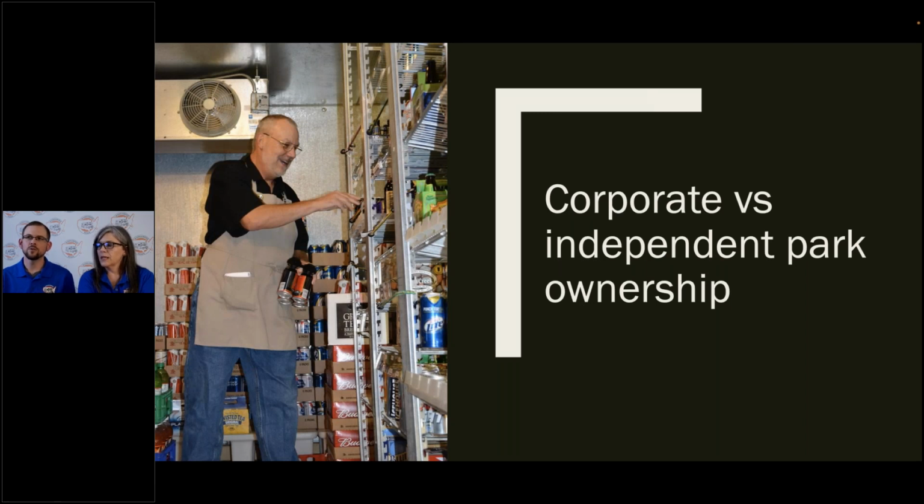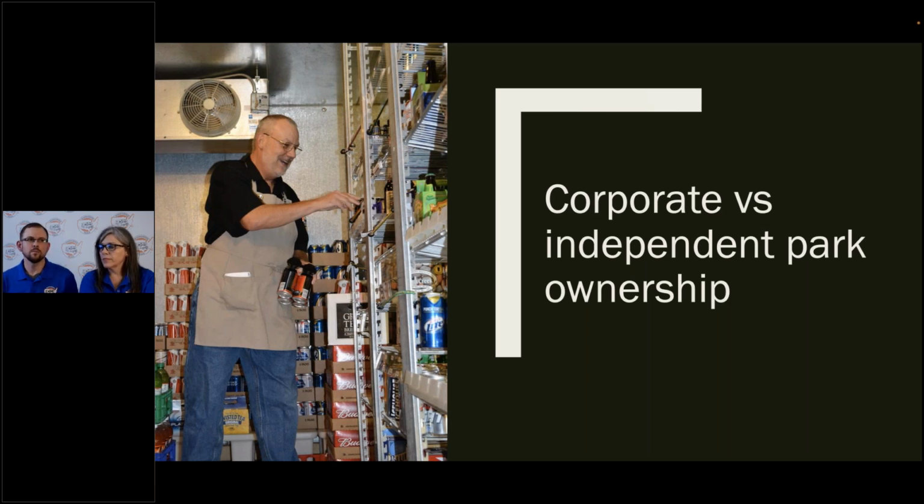It wasn't really a question, but I think the question is, what are the differences between working for a corporate versus an independent campground or RV park? There may be many. There are larger camping organizations like KOA or Yogi Bear that have multiple campgrounds or RV parks in their umbrella.